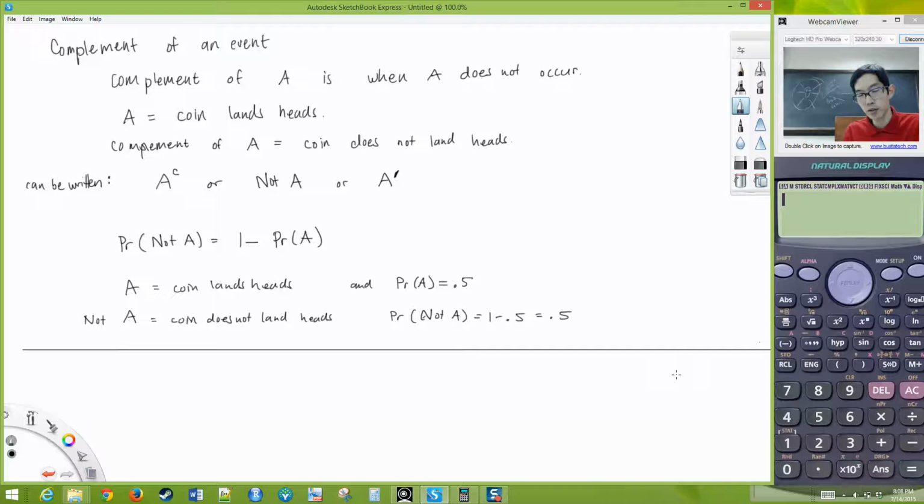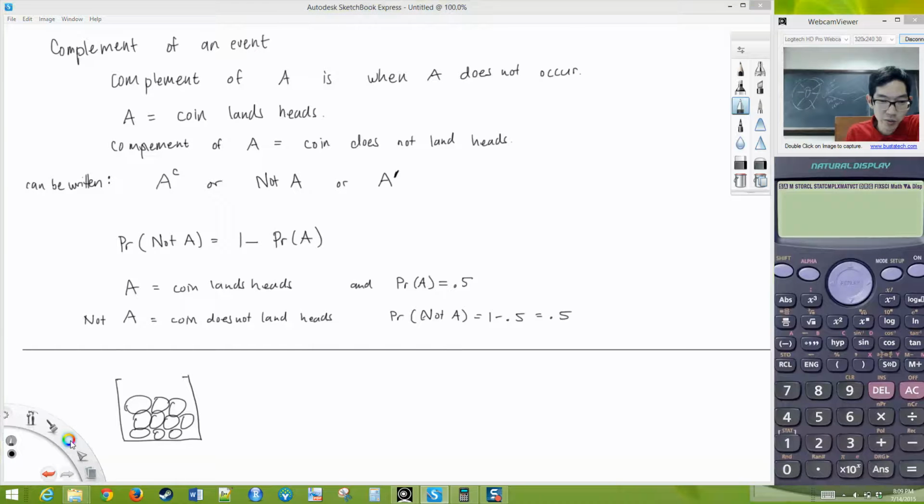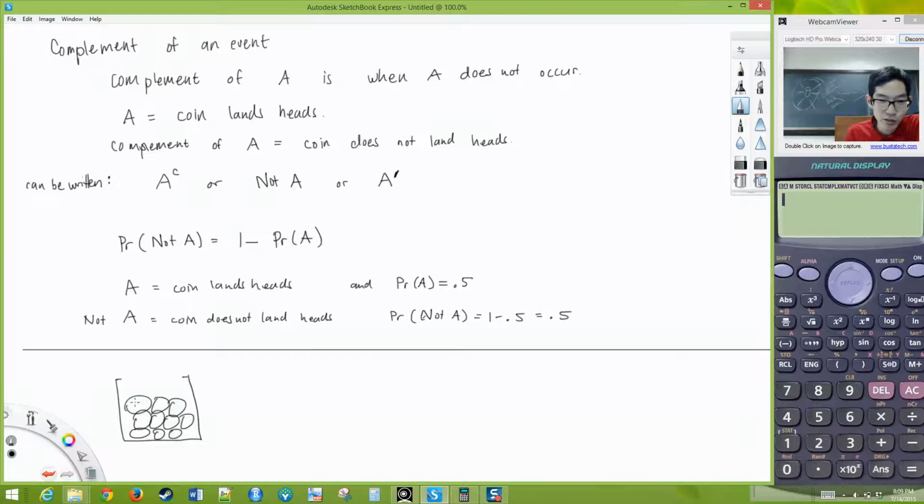So let's just make sure we understand. Let's say I've got a jar, and it's full of cookies. It's a good jar. And we have chocolate chip cookies and oatmeal cookies.